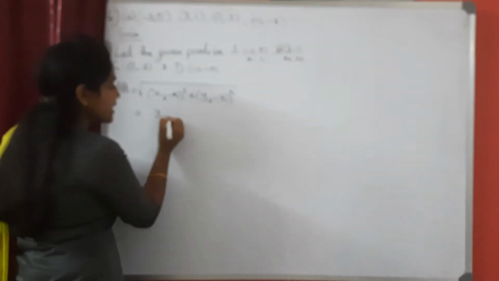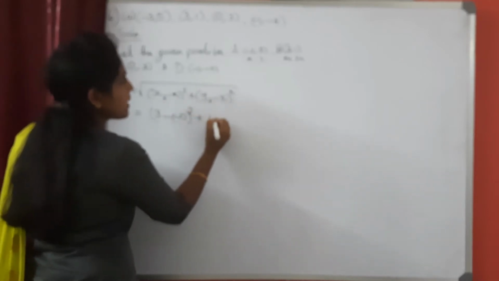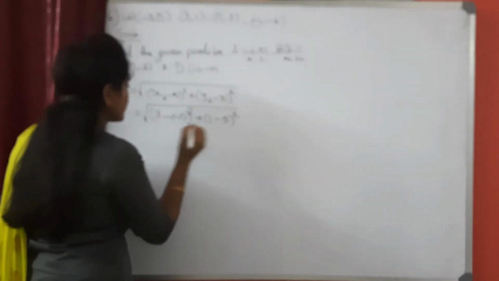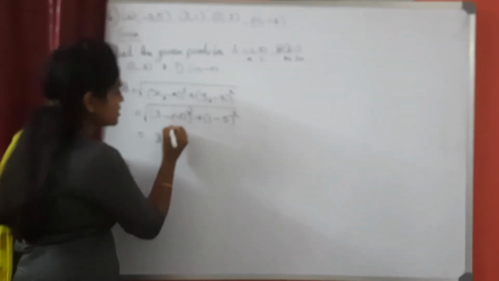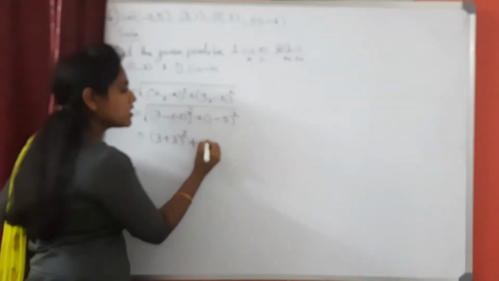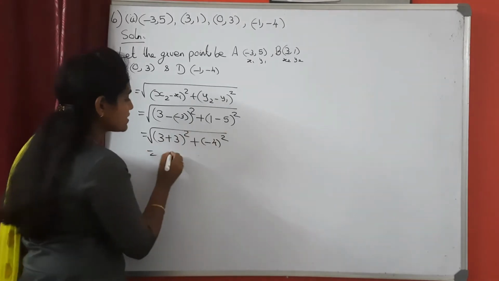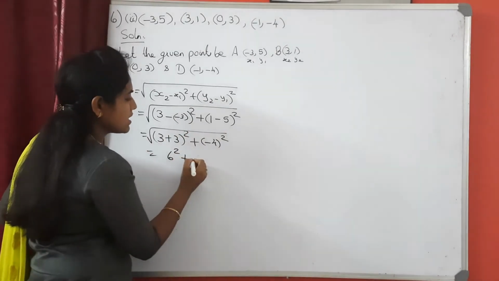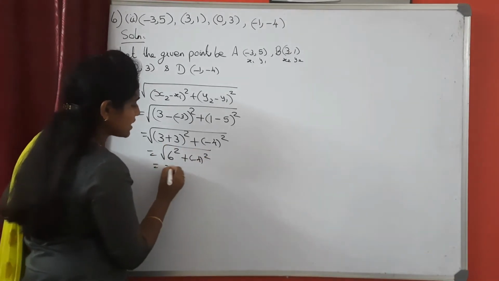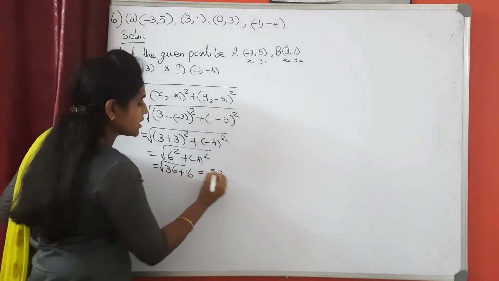So (3 minus minus 3) whole square plus (1 minus 5) whole square, which is equal to (3 plus 3) whole square plus (minus 4) whole square. 3 plus 3 is 6, 6 square plus minus 4 whole square. 6 square equals 36 plus 16. 36 plus 16 equals 52.